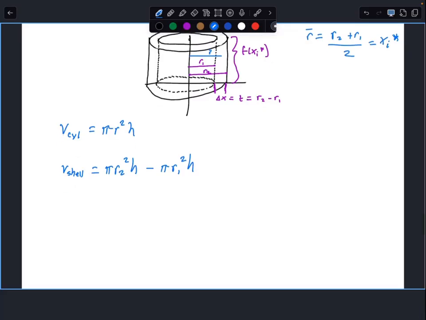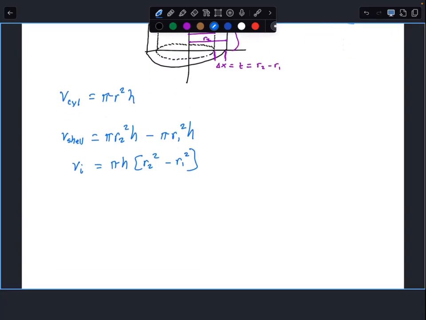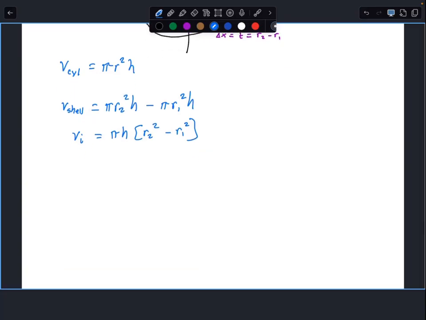Right? Which gives us pi h times r2 squared minus r1 squared. That would be the volume of one individual shell. We want to find the volume of all the shells by adding them up, but we need to turn it in terms of i, right? So this is like a delta, this is not v sub i. The correct notation would be delta v. There we go.